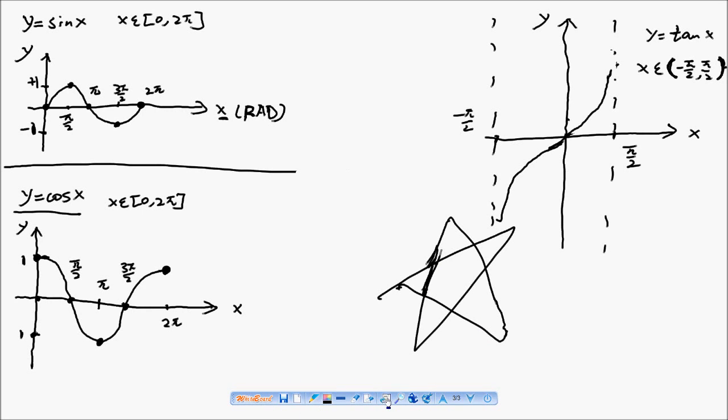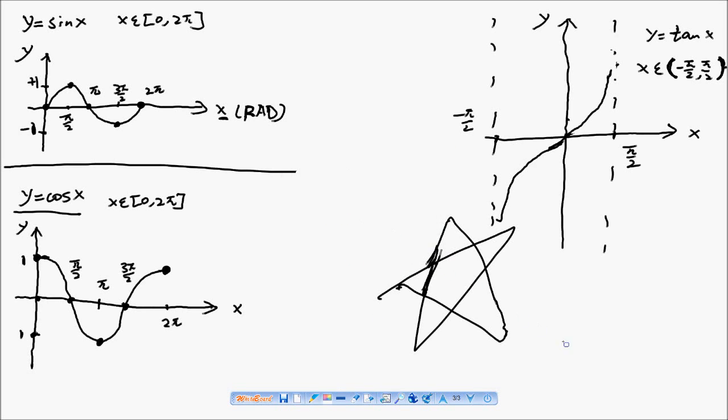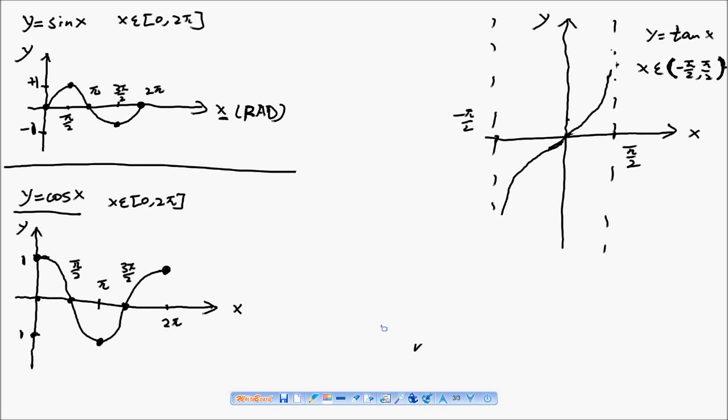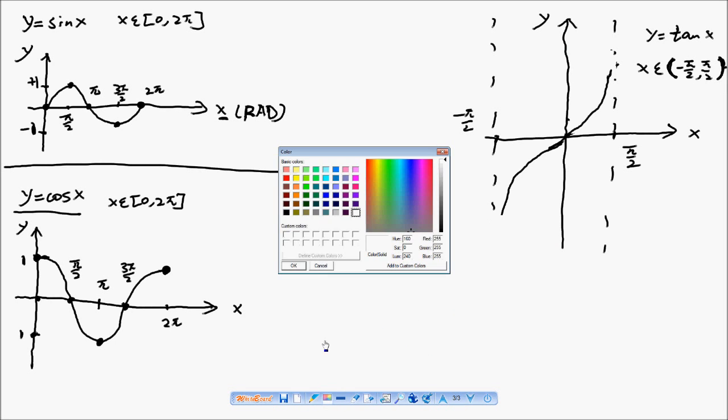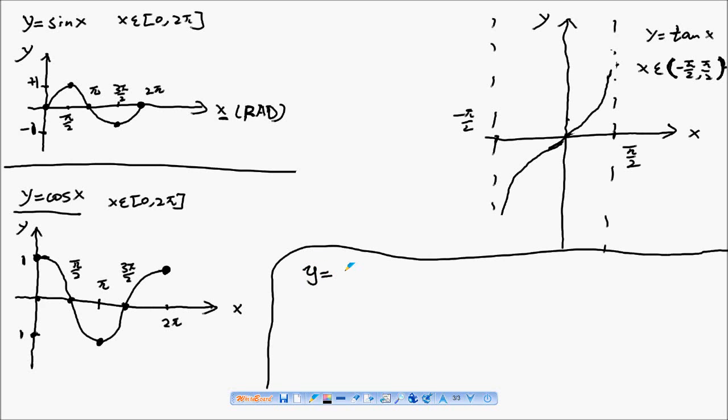Let me show you what we need to do next. In Math Methods, sometimes they will ask you to sketch a graph of y equals, for example, 2 cos x plus 5, something like this.